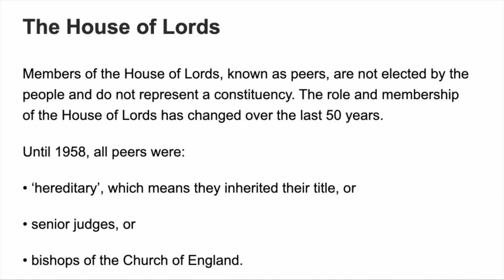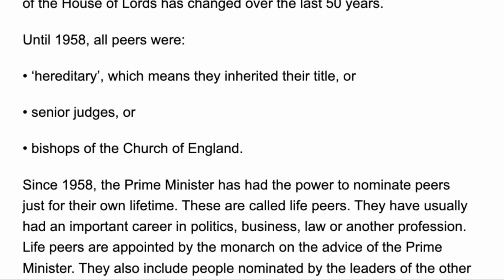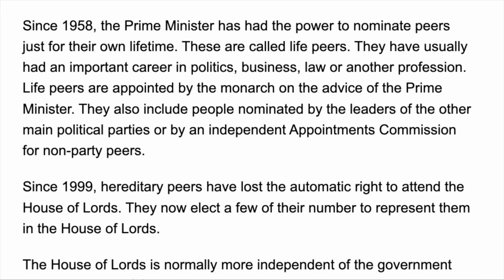Until 1958, all peers were hereditary, which means they inherited their title, or were senior judges or bishops of the Church of England. Since 1958, the Prime Minister has had the power to nominate peers just for their own lifetime. These are called life peers.